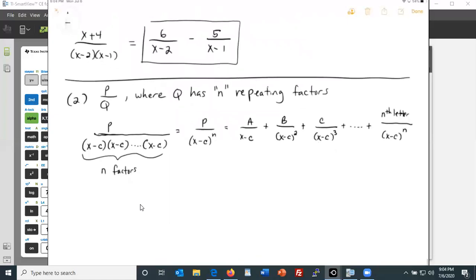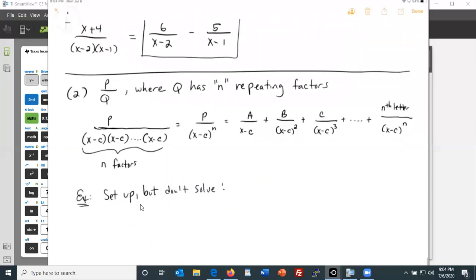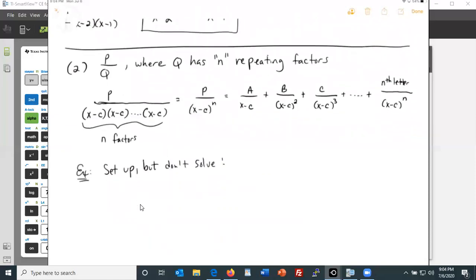So in case that doesn't make any sense, let's do some examples here of just setting up but not solving. So let's say we have 2 over (x - 3) to the 4th power. How would I decompose this?